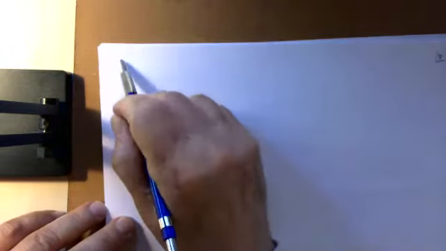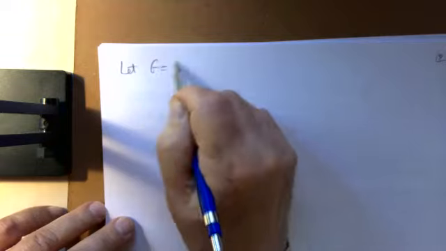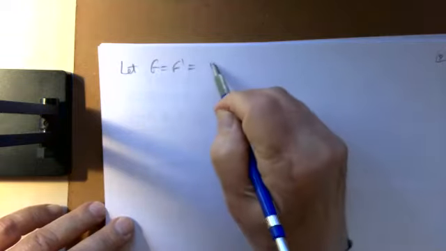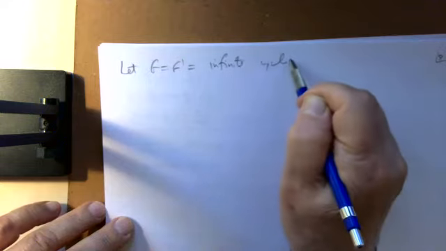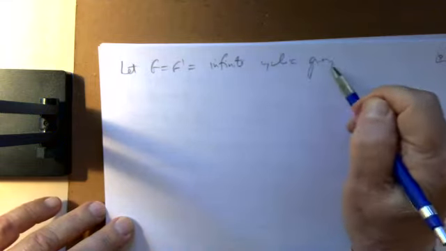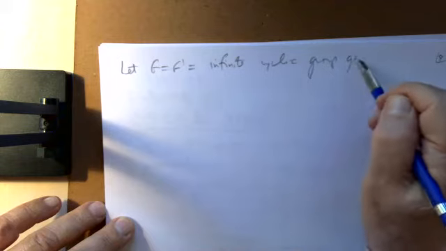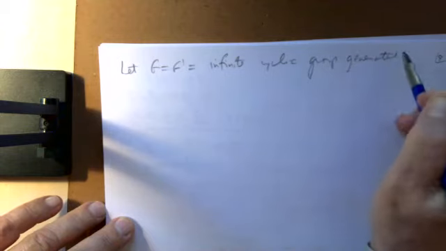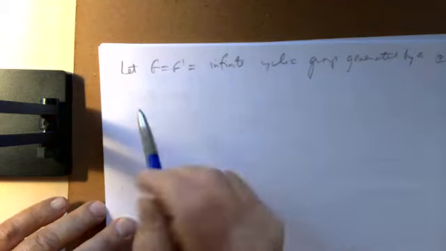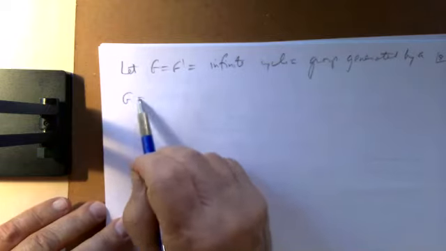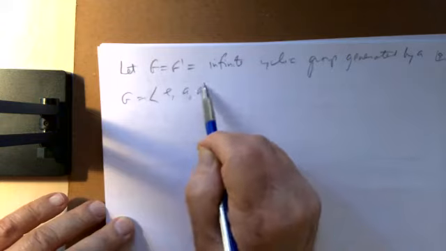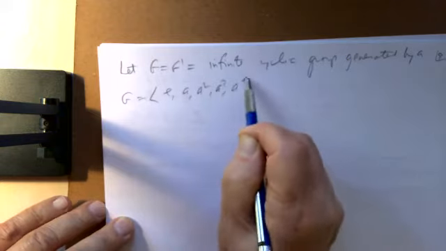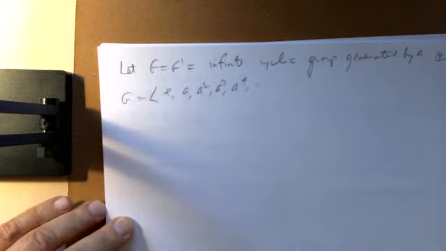Let's take another example. Suppose I let G and G prime be equal to the infinite cyclic group generated by some element A. So this means G consists of all powers of A. There's the identity, A squared, A cubed, A to the fourth, going on forever.